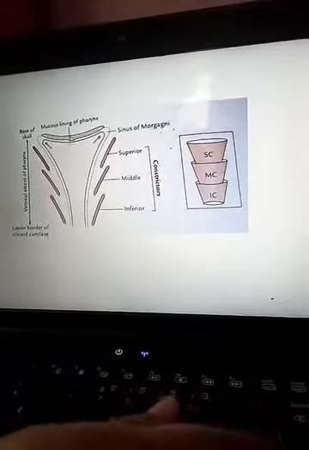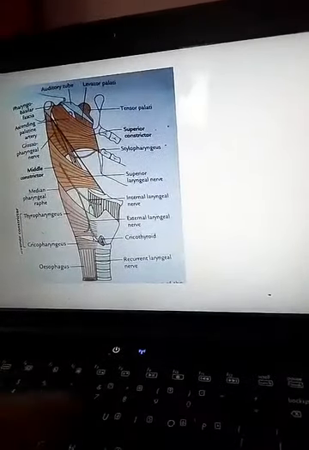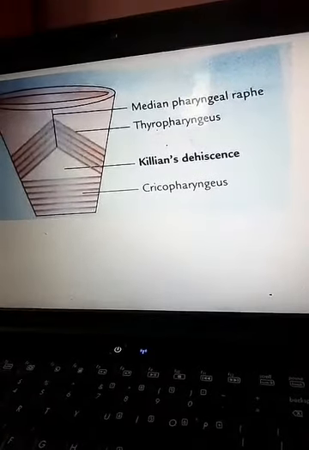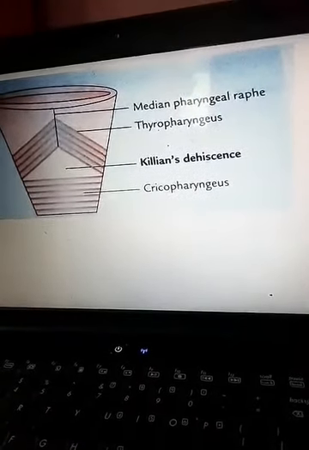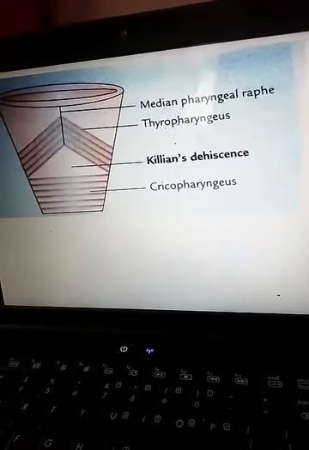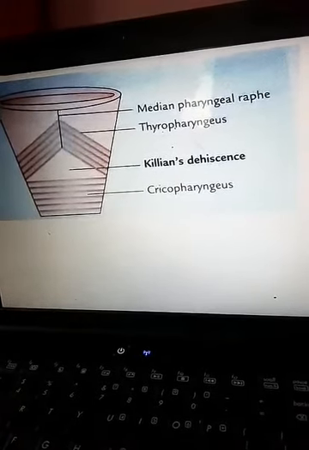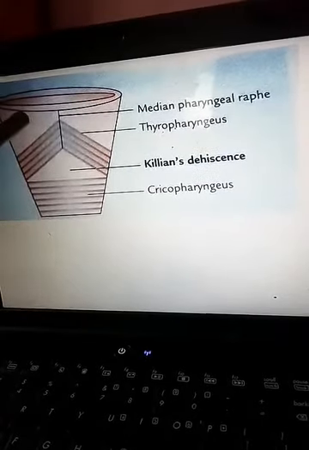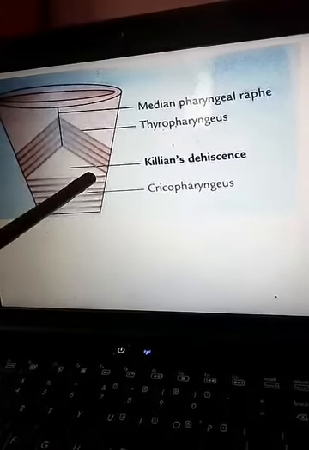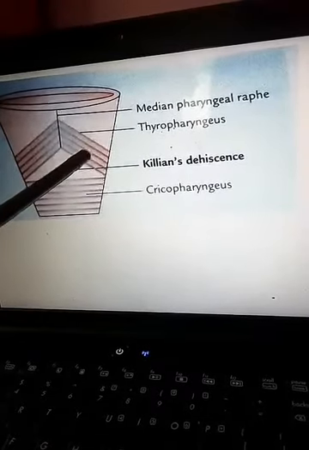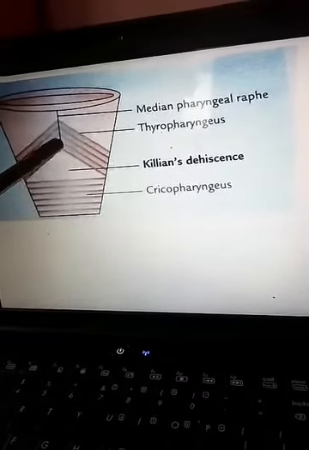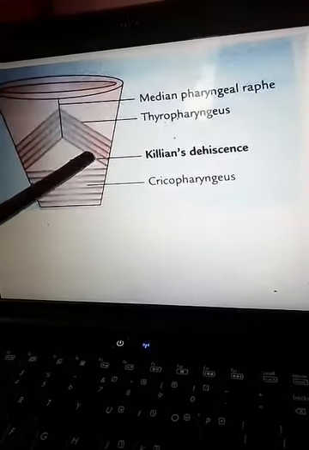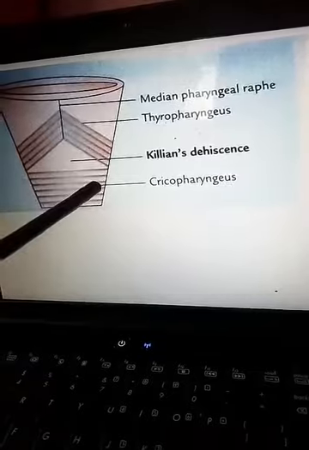Now, what is pharyngeal pouch or Zenker's diverticulum? There is a potential gap posteriorly between the thyropharyngeus and cricopharyngeus. The inferior constrictor muscle consists of two parts, thyropharyngeus and cricopharyngeus.